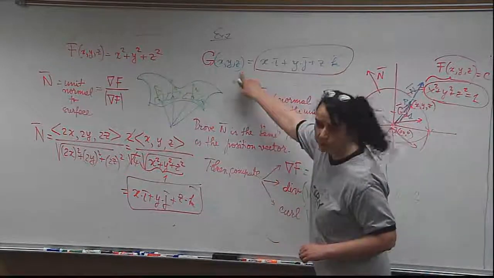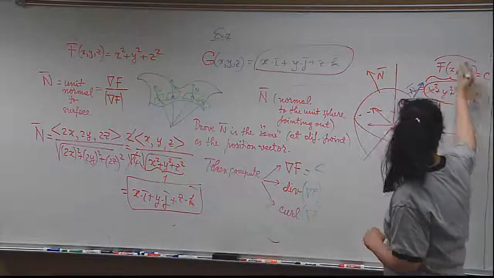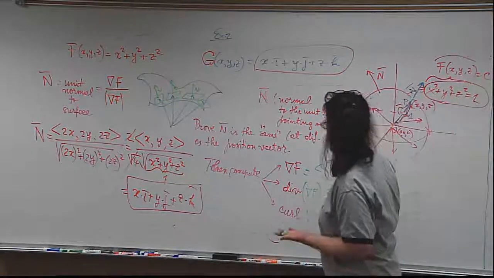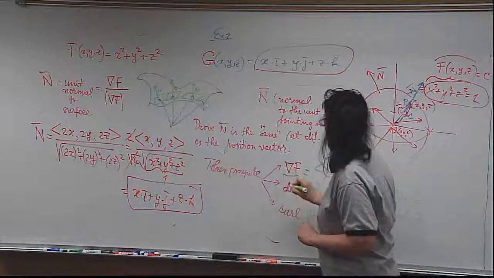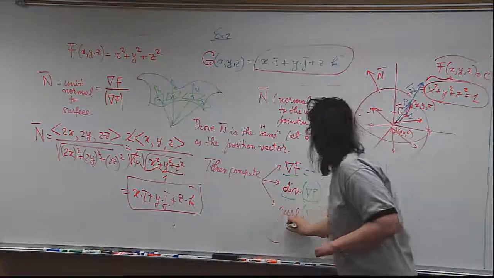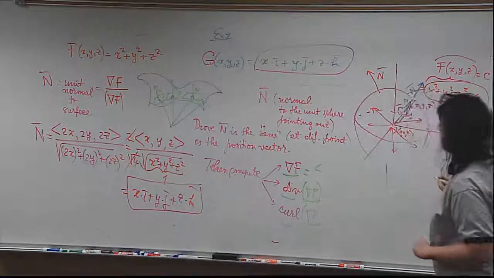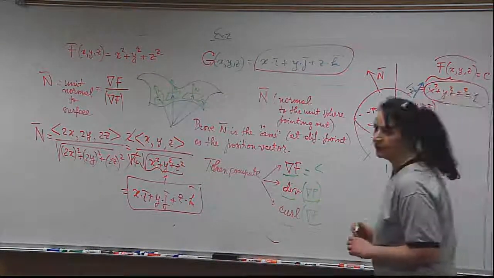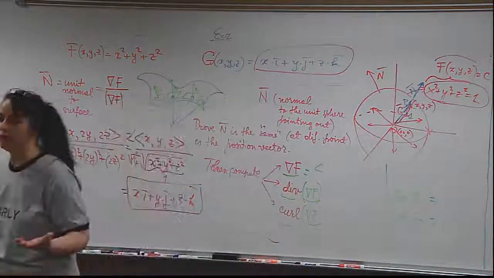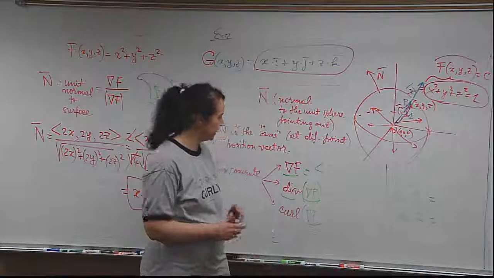Because f used to be a vector, and it's not a vector anymore. So big F is a scalar function, and now I have to change the problem. I want, what is the gradient of f? What's the divergence of the gradient of f? What's the curl of the gradient of f? And for the g that I gave you, I want the divergence and the curl. So I made the problem fluffier than it was before. More things to compute for practice.